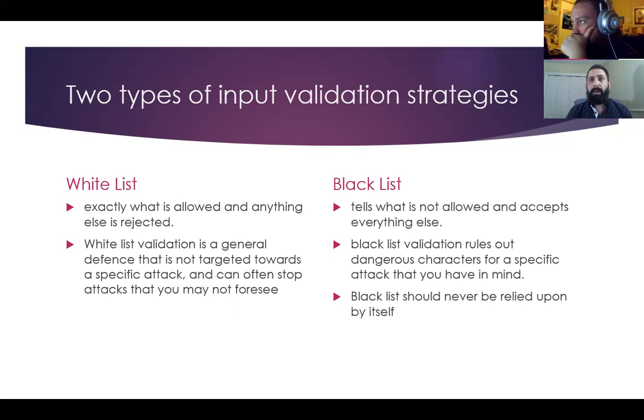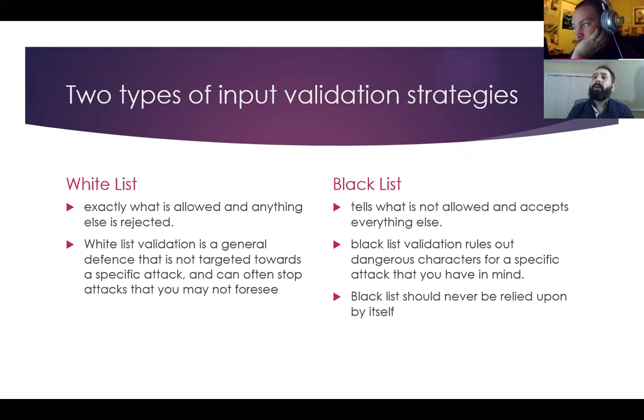Exactly what is allowed and anything else is rejected, that's a whitelist. So I'm going to say I'm allowing the username to be whatever they want, to be like 10 characters. I'm allowing this to be that, and I will say what I'm allowing. Whitelist validation is a general defense that is not targeted toward a specific attack and can often stop attacks that you may not foresee.